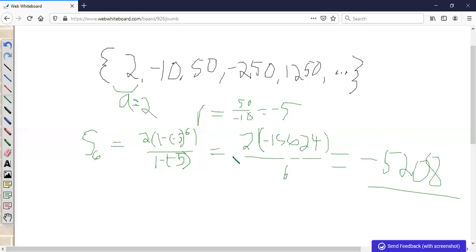Anyway, that's it for the first example here. If I instead wanted to ask you what the infinite sum is, you can write this as S sub infinity if you want. Everyone's going to understand what you mean. It's sort of commonly accepted notation.